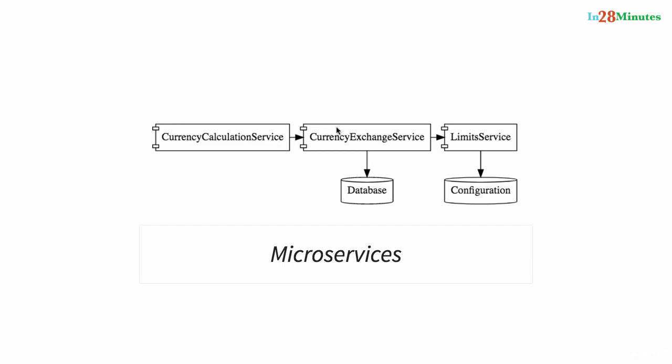One of the things that we would be doing at a later point is we'll create multiple instances of currency exchange service. Right now we have one instance running on 8000, but at a later point in time we'll run one instance on 8000, another instance on 8001 and 8002 and so on. And we would want the currency calculation service to be talking to all these three instances.